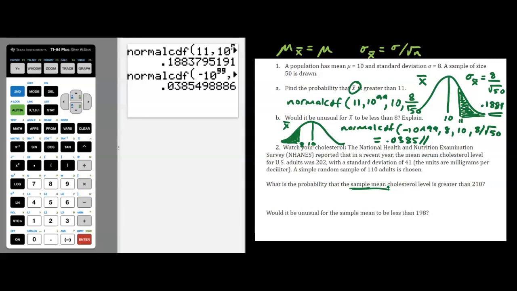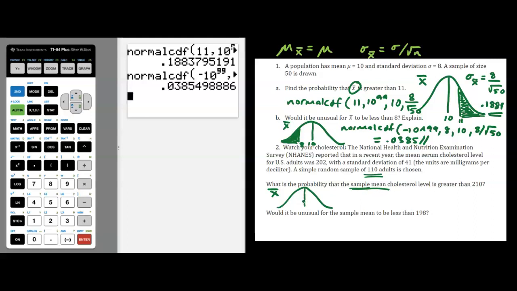We're not looking at a normally distributed population of cholesterol levels, but we know through the central limit theorem that as long as our sample size is sufficiently large, and it is in this case because we have a sample size of 110. In the previous example, we had a sample size of 50, so our sample sizes are sufficiently large, so that makes X bar approximately normal. And we can answer probability questions related to the sample means themselves now.